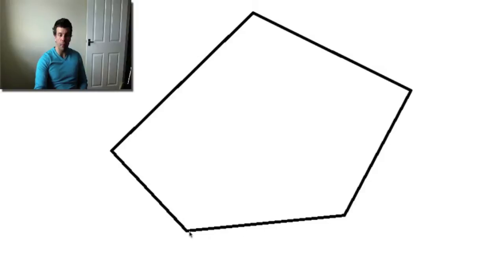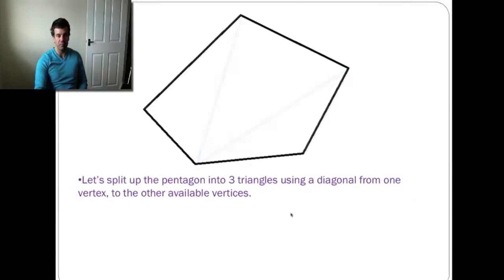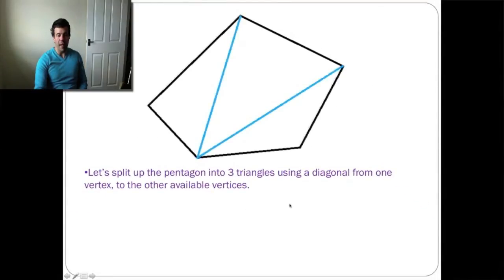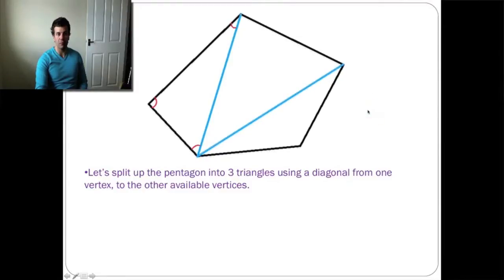Likewise with this corner. However, this corner and this corner are available to draw diagonals to join up the corner that we're starting from. This pentagon has now been divided into 3 triangles that are next to each other, that are joined together.